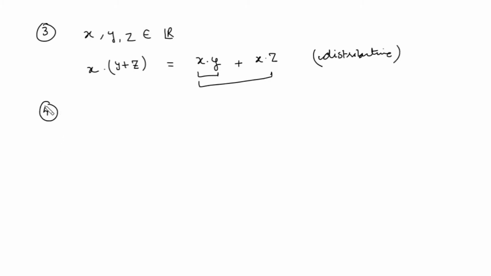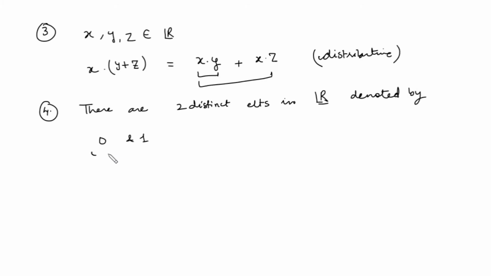Right? The next is identity should exist. So that means there are two distinct elements in the set of real numbers, they are 0 and 1, such that for each x in R, whenever you add 0 to x, you will have again x.